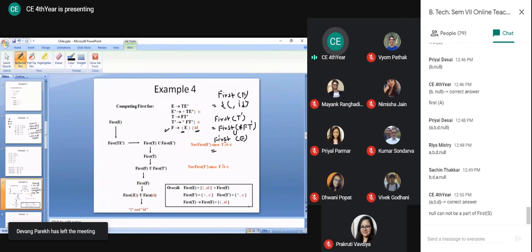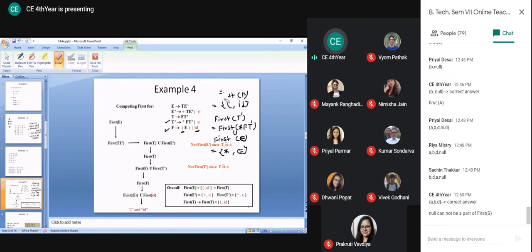This will give us star, which is a terminal, and first of null, because the production itself is null. So we are writing star and null for first of T dash.